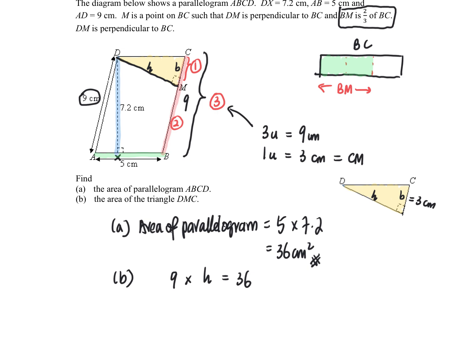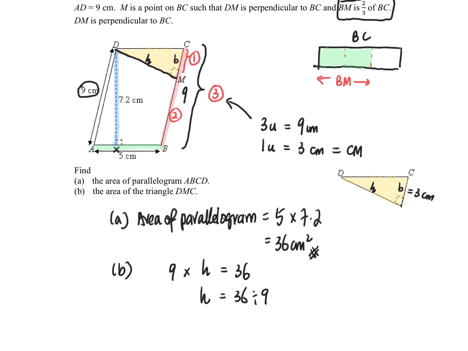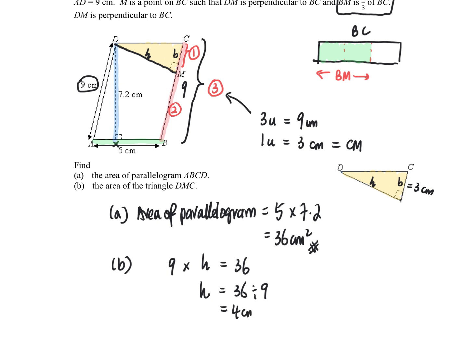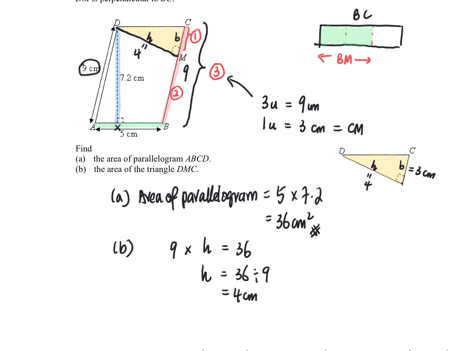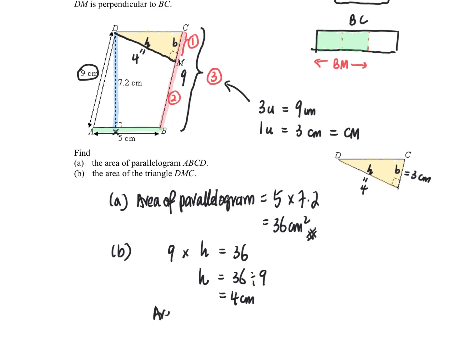So to find H, I will use 36 divided by 9, which gives me 4 cm. Once you know this is 4, now you can find the area of the triangle. So it's half times base times height. 6 cm. Why did I write units?